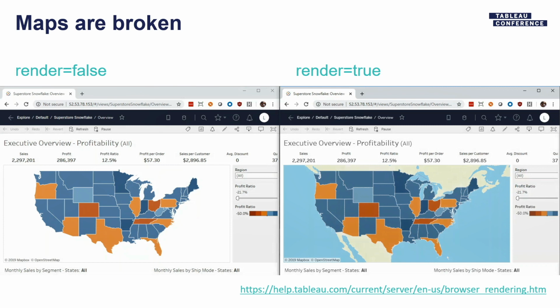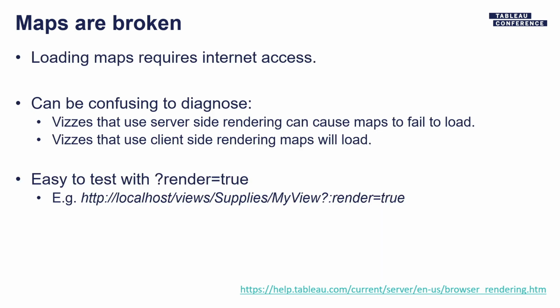You can see the breadcrumbs up the top lead to the same place. But one of them, the map is blank, and the other one, the map has loaded. And this is actually related to Tableau Server. The reason maps get sort of broken, I'll just use the technical term that they're broken, is that maps load from the internet. Tableau Server does not have a repository of maps that it pulls from. They come from the internet.